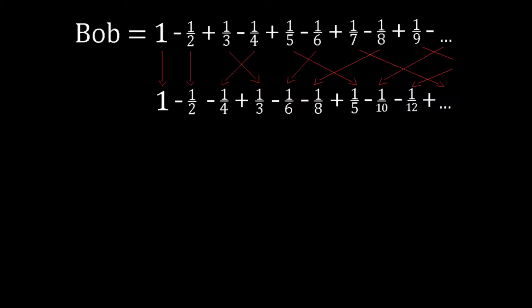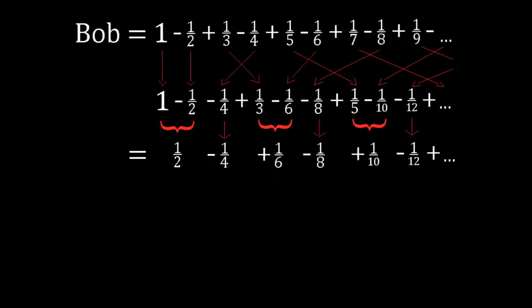So here 1 minus 1/2 is equal to 1/2. 1/4, I'll just rewrite that. 1/3 minus 1/6 is equal to 1/6, because 1/3 is actually 2/6. So 2/6 minus 1/6 is equal to 1/6. God, that's hard to say. Okay, I'm going to continue along like that.